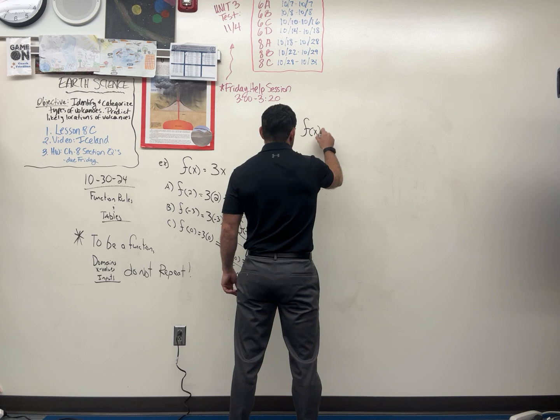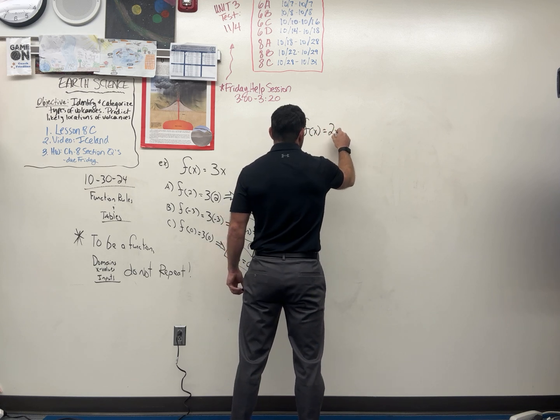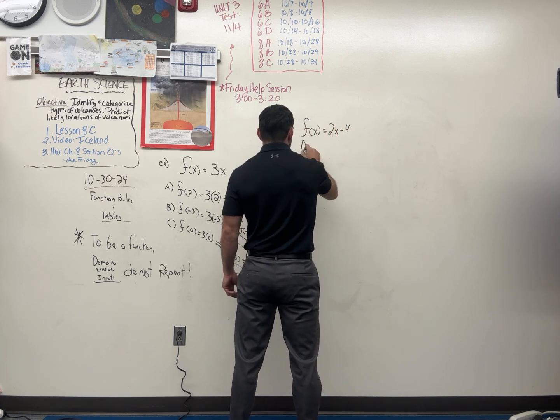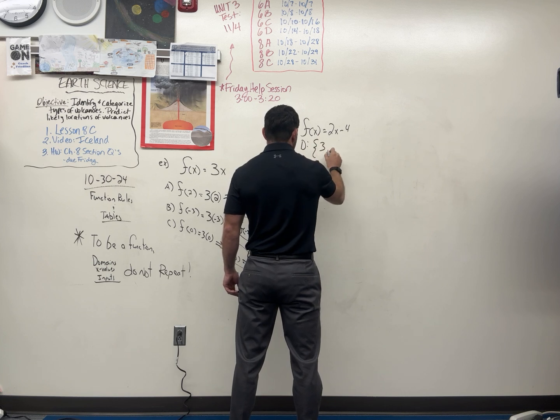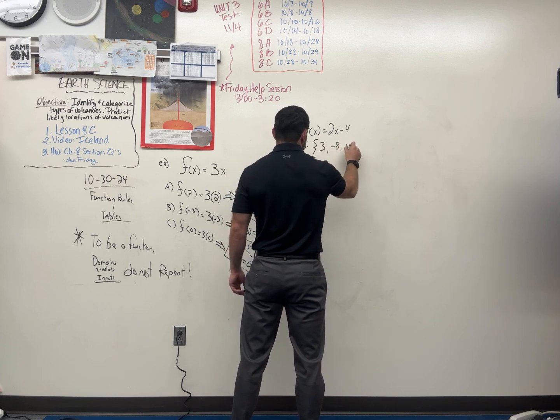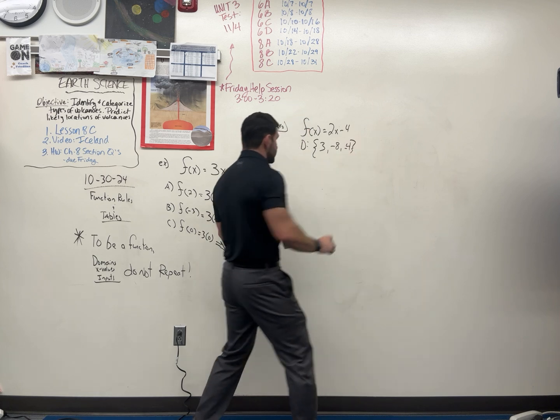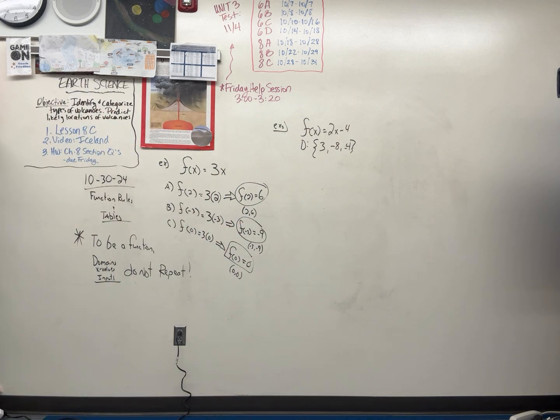F of x equals 2x minus 4. Okay, so this is definitely a little bit confusing. F of x equals 2x minus 4.